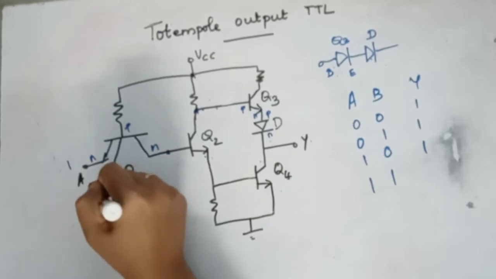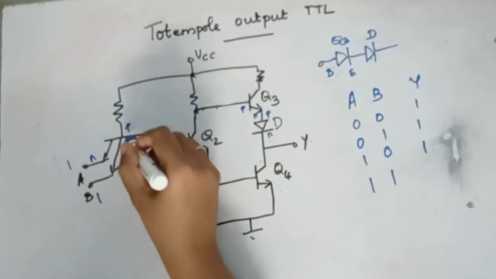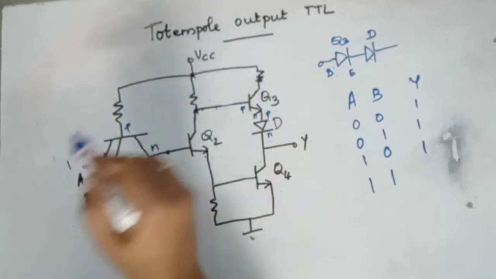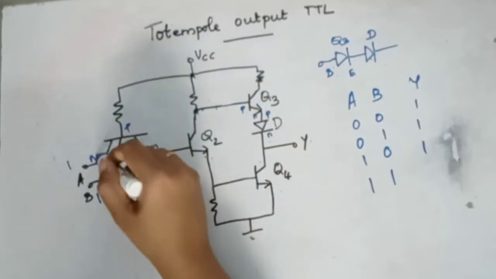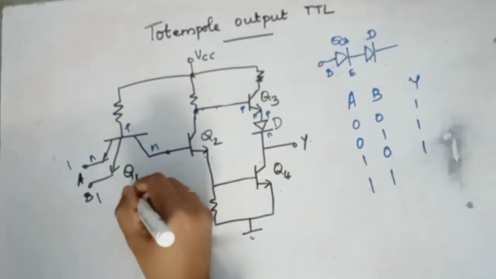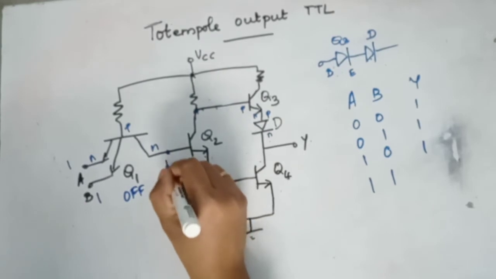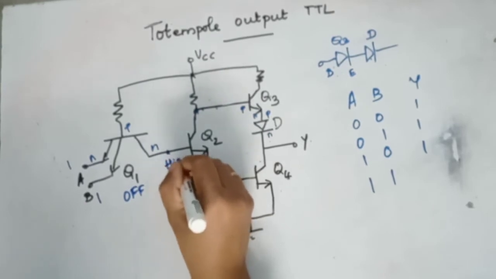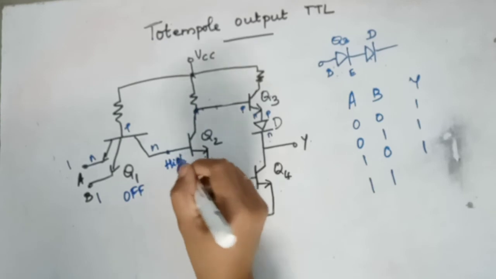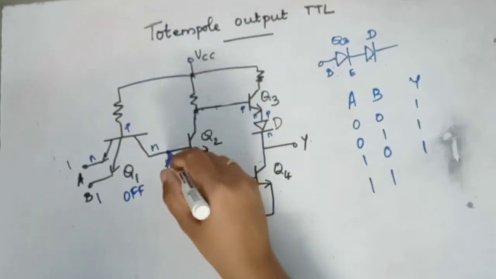These two are 1. So N is connected to a 1, base is connected to VCC. So you don't have potential difference here. So Q1 will be off. Q1 is off means its collector will have a high. High means almost VCC will come here.